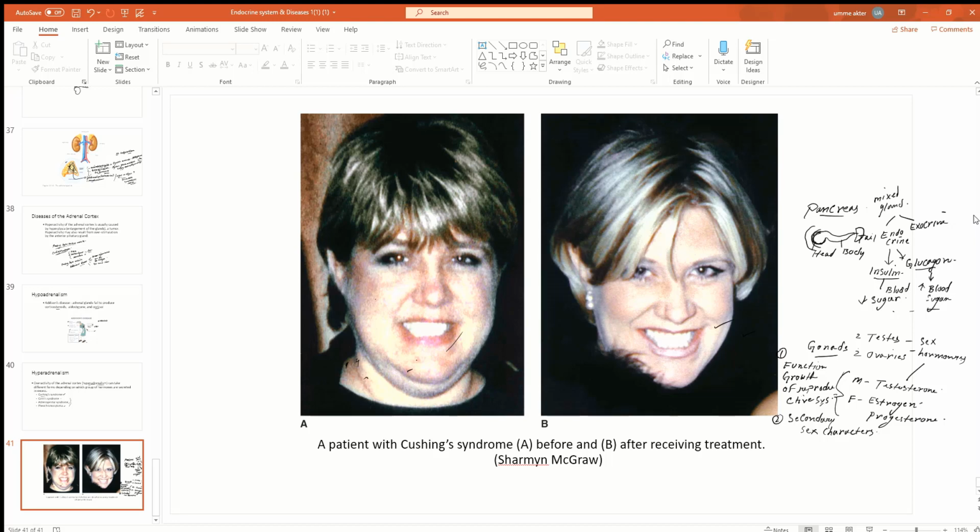Now, in case of male, what are the secondary sex characteristics given by the testosterone? Muscles more prominent, right? Skeletal muscles, prominence of muscles, Adam's apple, right? Laryngeal prominence or Adam's apple is present in male. Broader shoulder, okay.